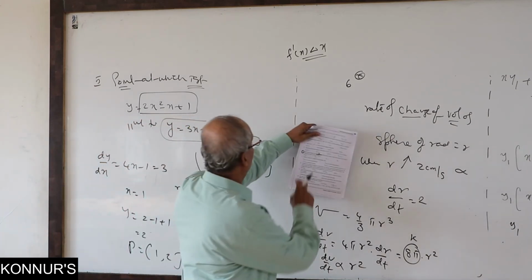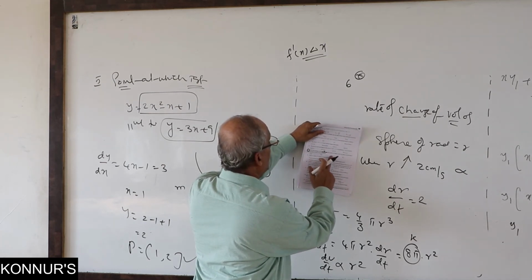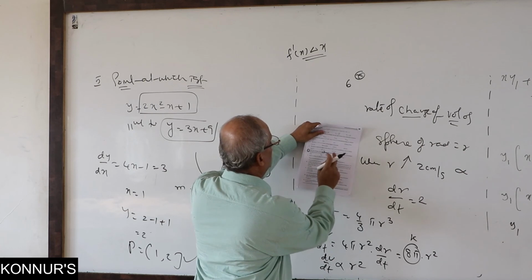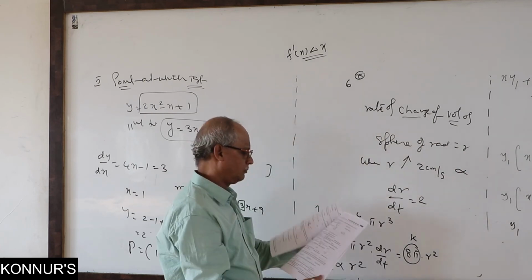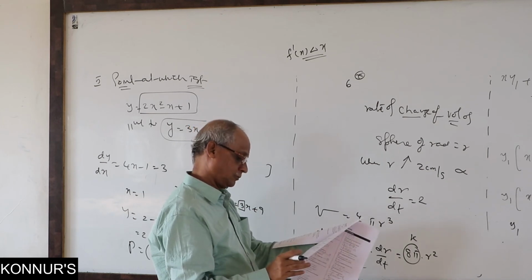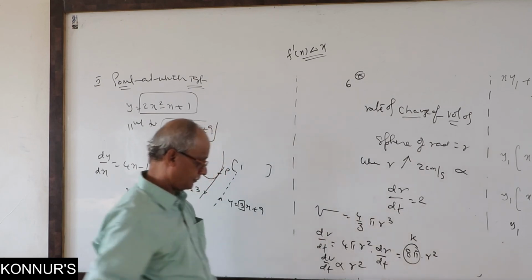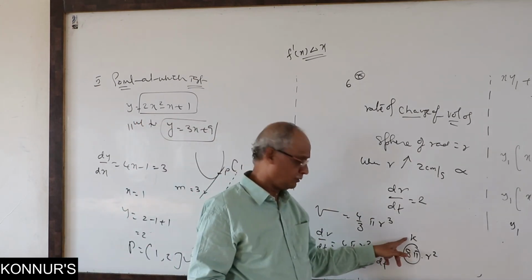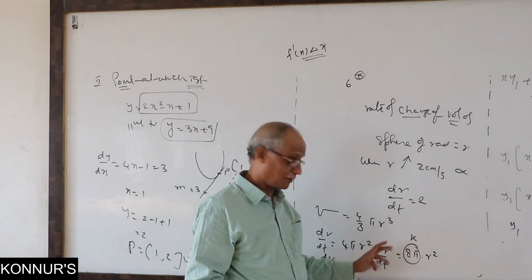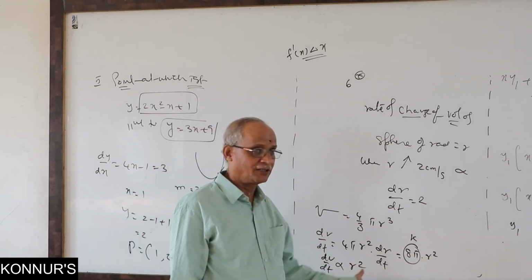See, 1 by r square, 1 by r square, r. Third option. Sixth problem. I remember it is the volume. See, correct? Suppose you get a negative value, then it is inversely proportional: volume increases, radius decreases.